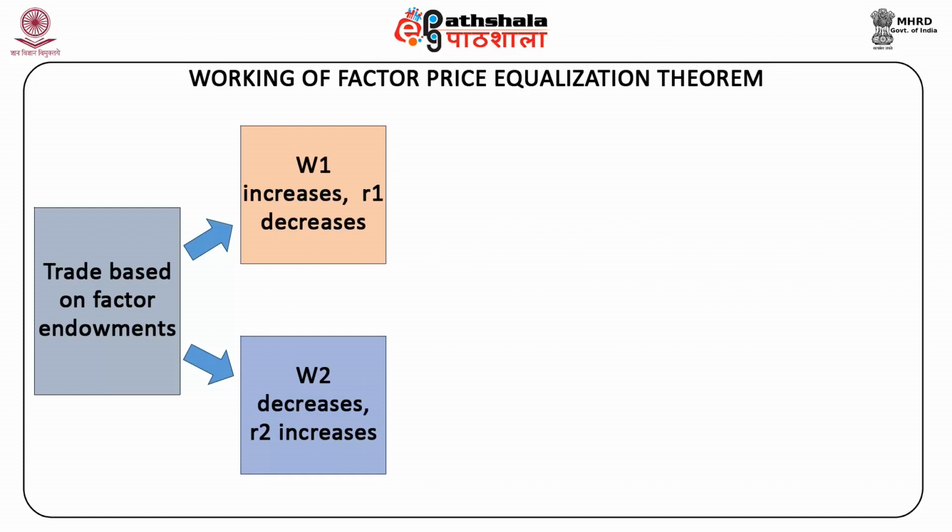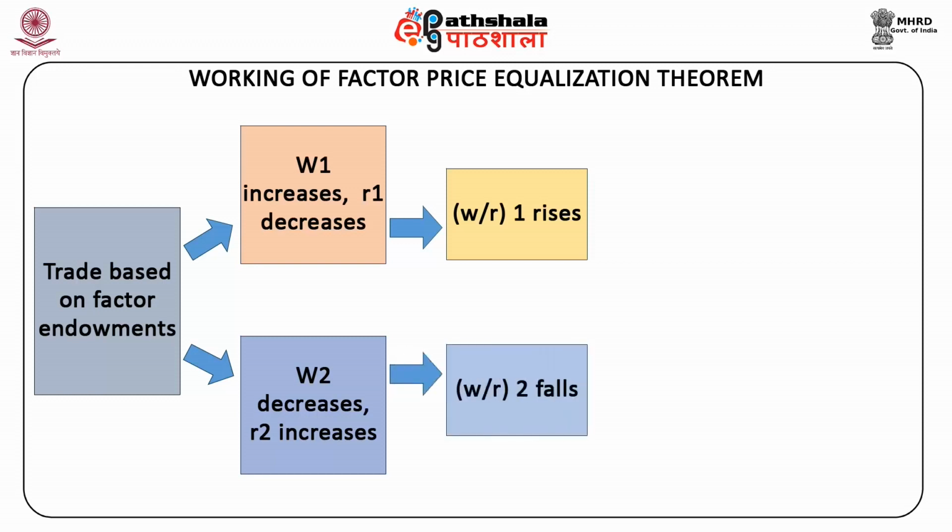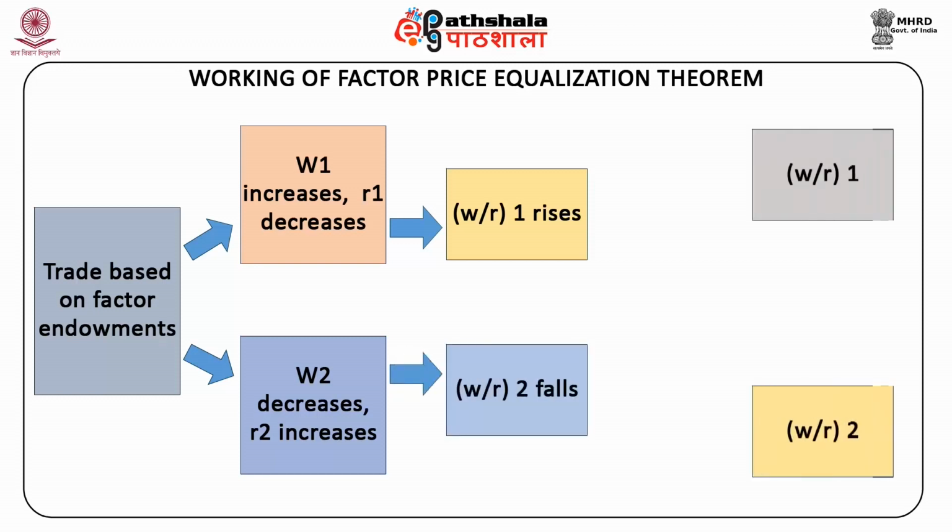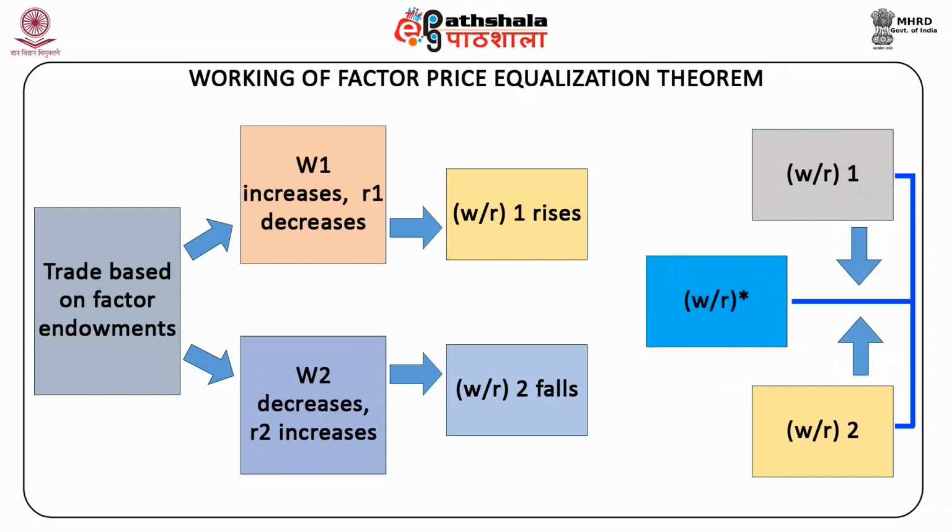This leads to a rise in the relative wage rate in nation 1 and a fall in the relative wage rate in nation 2. These two combine to give the equilibrium wage rate W by R.